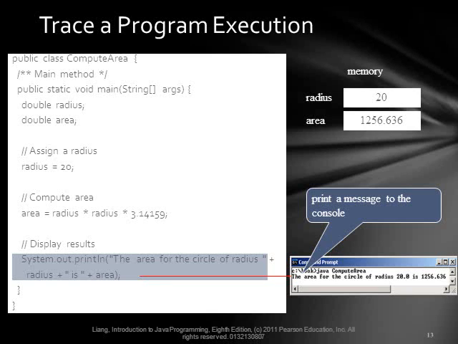Then it added the word "is," and then it retrieved the value of area from memory and inserted it into our string. So now we've got a user-friendly message so that our user understands what it is we have done.